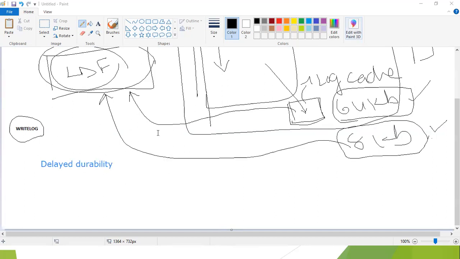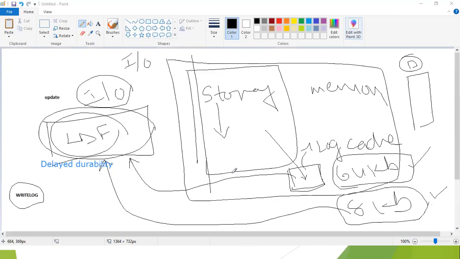So what it does, it will delay. We know the ACID properties, right? Atomicity, consistency, isolation, and durability. The last one is durability: writing into the transaction log file and making sure that everything will persist even if there is a crash. So then we will be delaying that writing into the transaction log file.